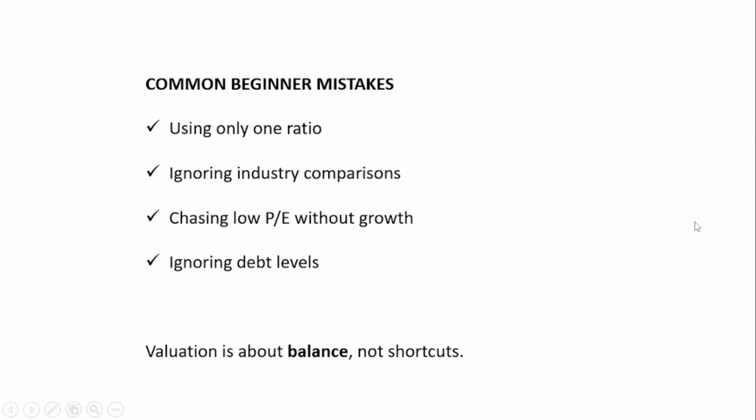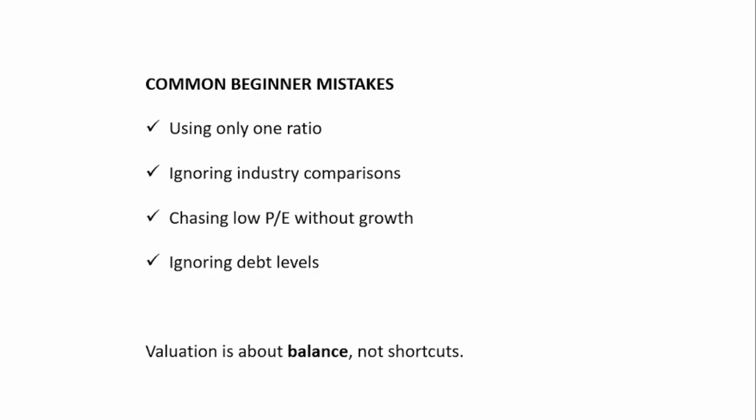Common beginner mistakes. First, using only one ratio. All the ratios should be combined and read together to understand the stock value. Second is ignoring industry comparison. You can't compare IT stocks with grocery stocks.